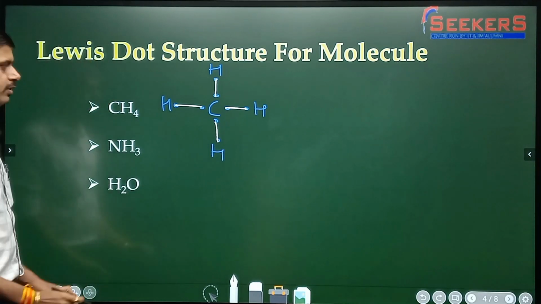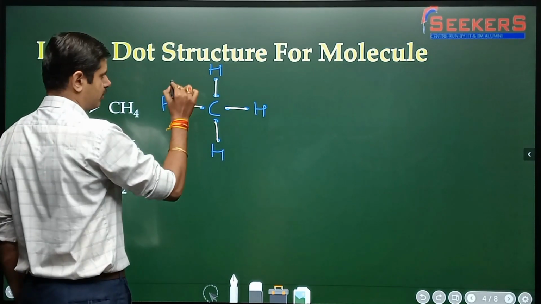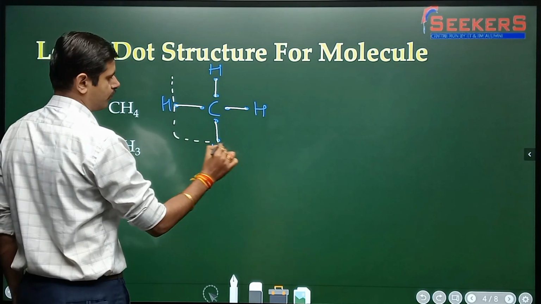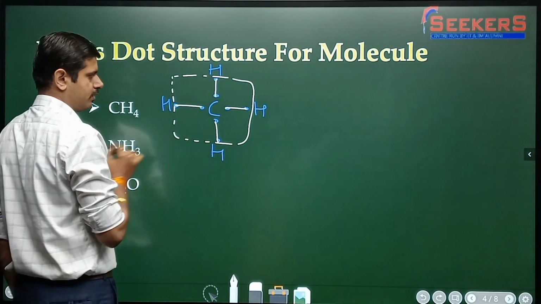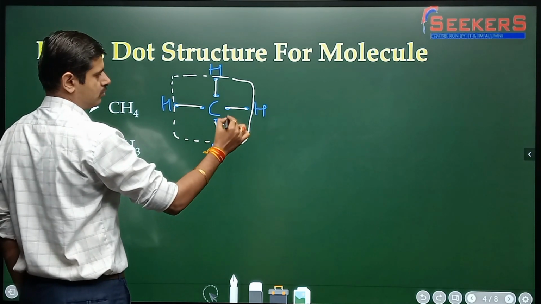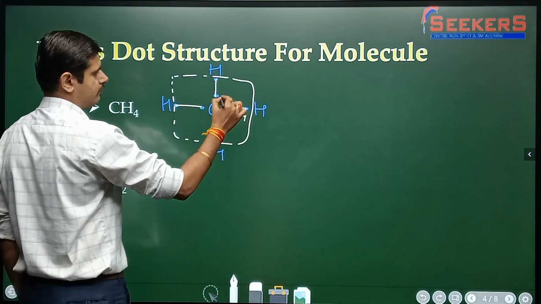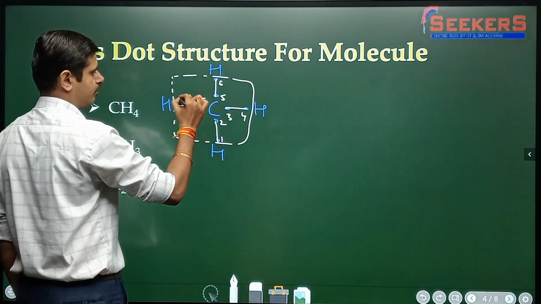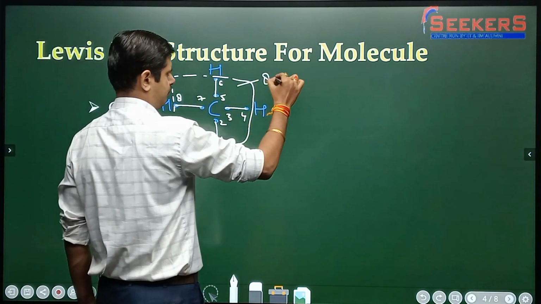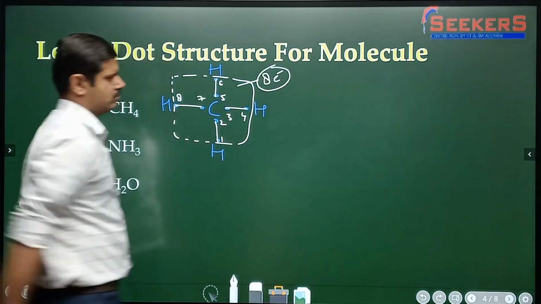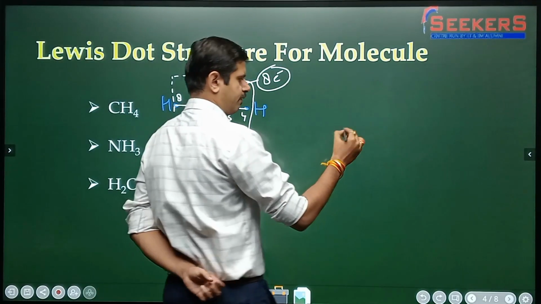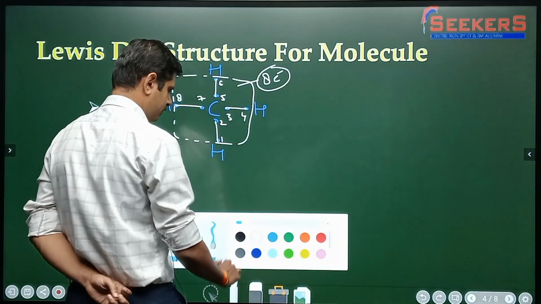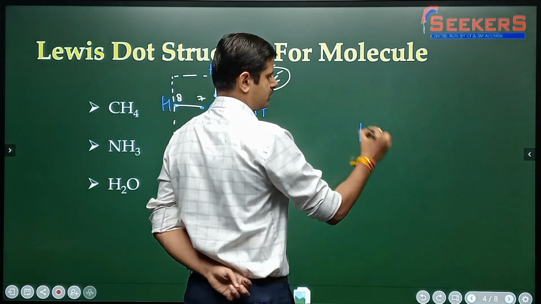Now if you see how many electrons are there with this carbon, this dotted area is the carbon line here. So 1, 2, 3, 4, 5, 6, 7, 8. Clear? These are 8 electrons. Now NH3. Here we have a nitrogen.